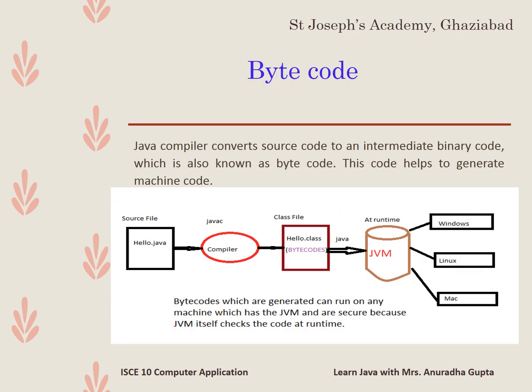Next, have a look at bytecode. The Java compiler converts source code into an intermediate binary code which is also known as bytecode. This bytecode helps the interpreter to generate machine code.